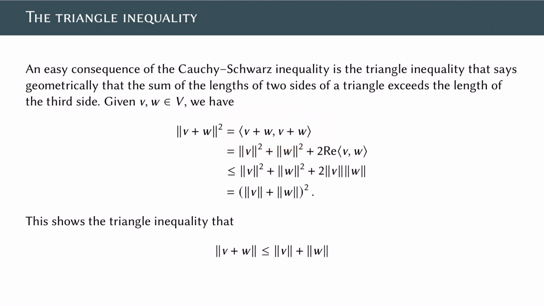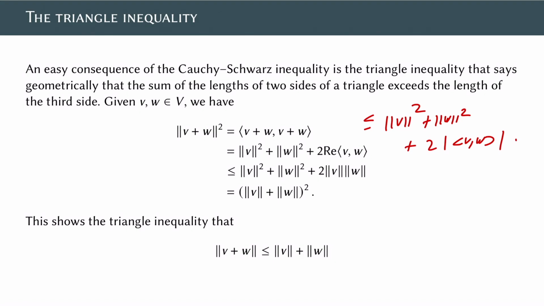By the same computations that we have done several times before, this gives norm v squared plus norm w squared plus twice the real part of ⟨v, w⟩. Now this twice real part, I skipped a step here, is less than or equal to norm v squared plus norm w squared plus twice the modulus of the inner product ⟨v, w⟩. The real part is always less than or equal to the absolute value.